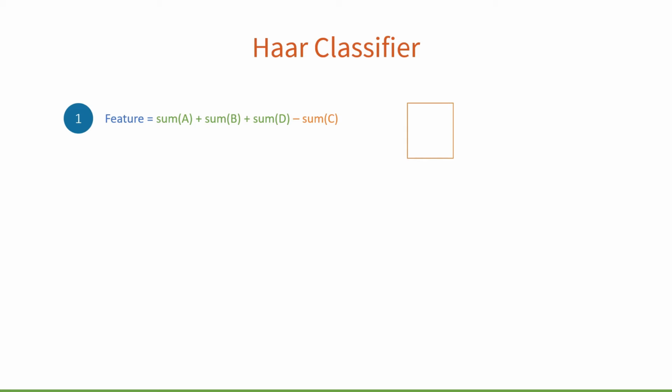And a Haar classifier is nothing but applying a threshold to the feature value. Let's say the feature value is 25 and we apply a threshold like 5 or 10. If that feature value is above that threshold, it will be true, else it's false.